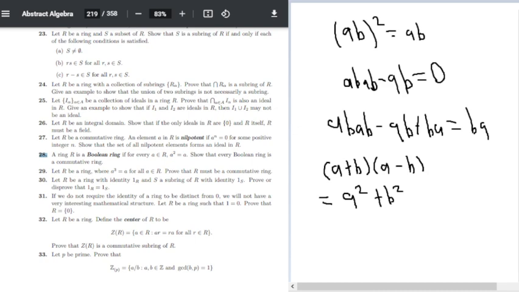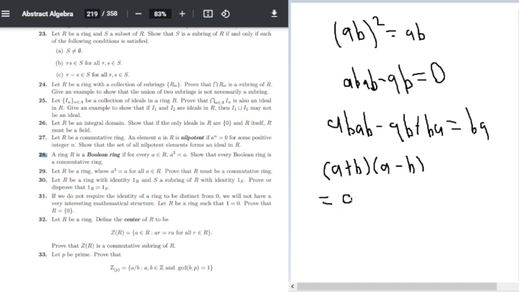It shouldn't be plus, it should be minus. a squared minus b squared, by just distributivity. Oh, actually, we have a, b. Okay, we don't yet have that.